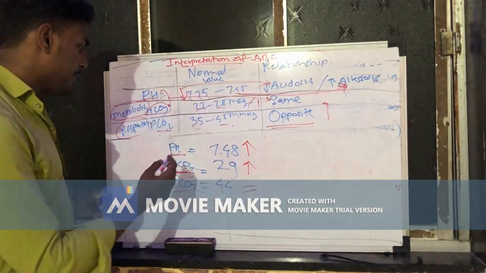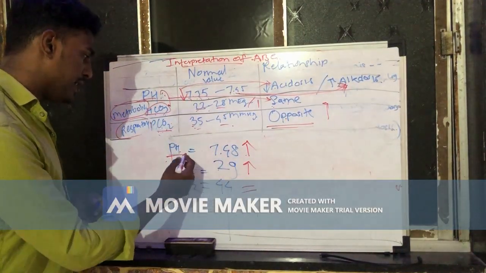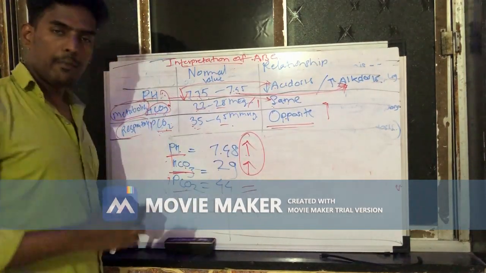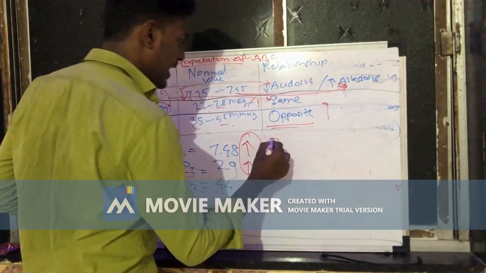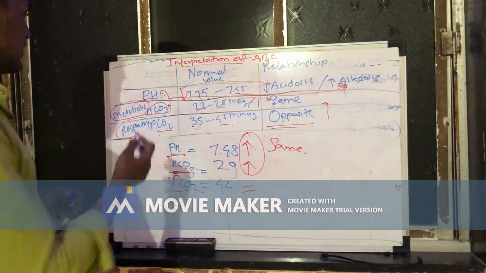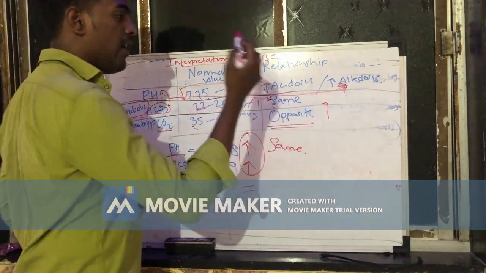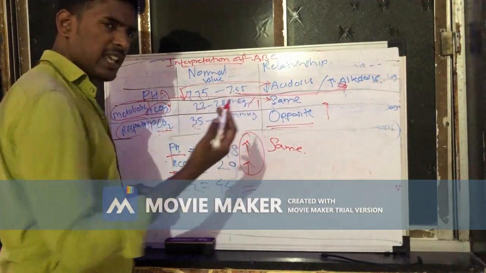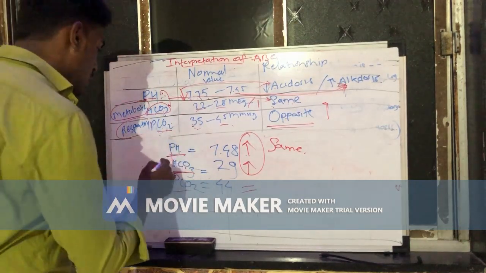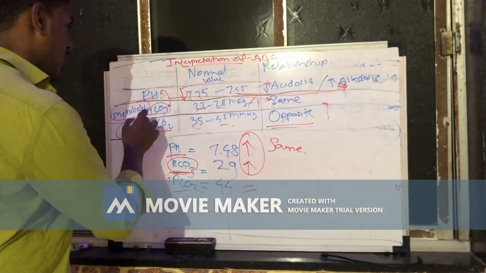Now tell me, the pH and HCO3 showing which relation? Same or opposite? Same relationship. What does the chart say to us? Your HCO3 and pH should have the same relation. It's showing the same relation? Yeah. So this is the primary component. Now HCO3 is called as what?